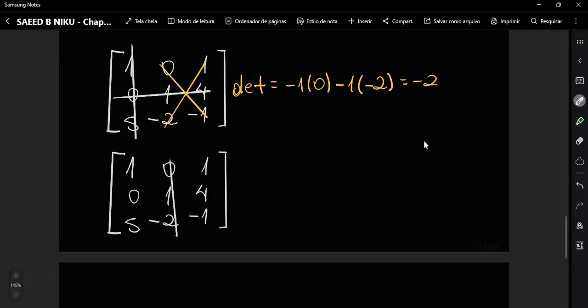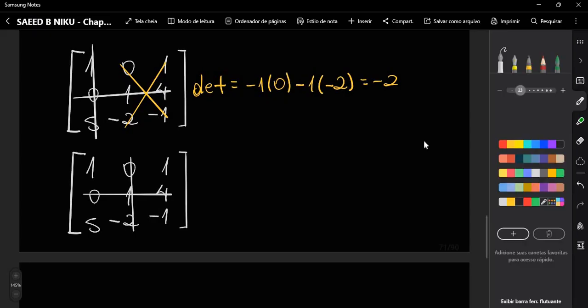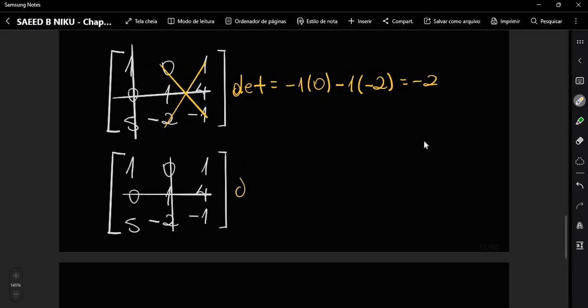And now right here, we block out the column, we block out the line of this entry, element, whatever, and calculate the determinant of what is left. Minus 5 times 1, is equal to minus 6.